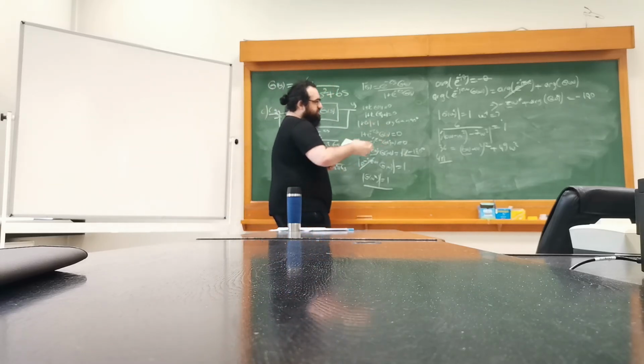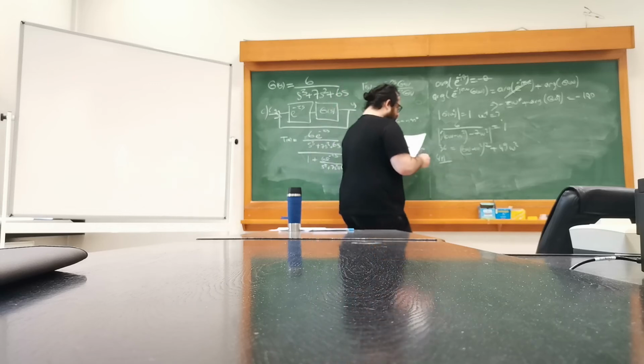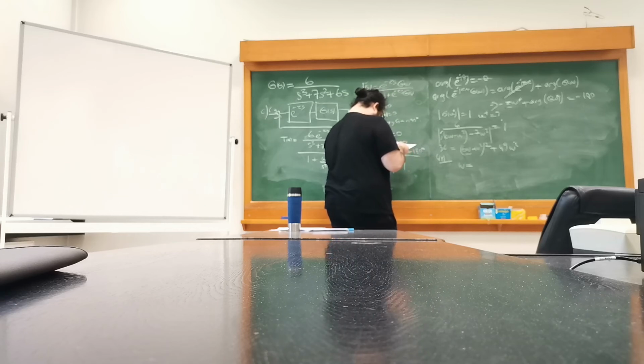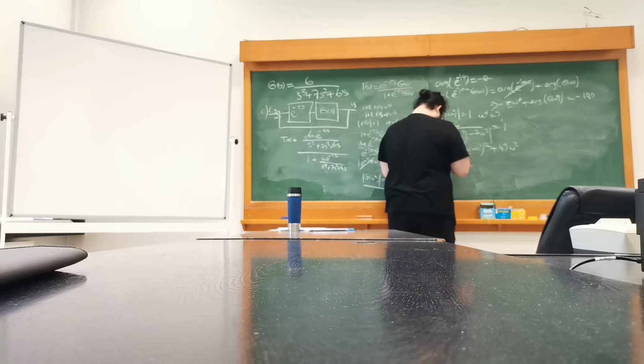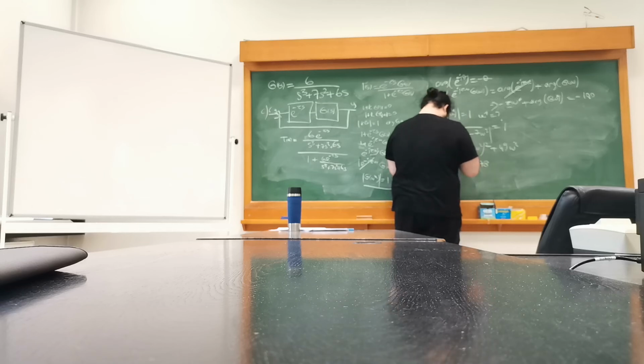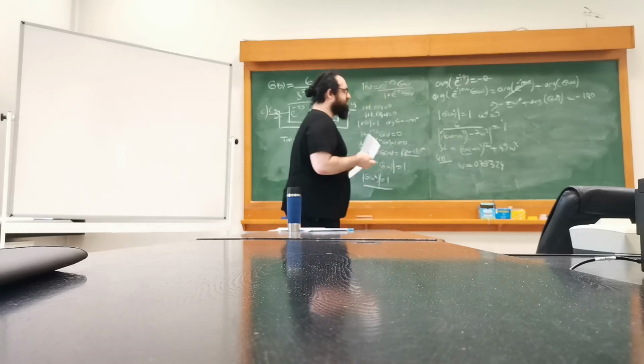But we have to somehow solve this in order to get the frequency out of it. Now, I'm going to just write down the frequency. It seems to be equal to 0.78324. So if you have the Bode plot, you can just look it up.